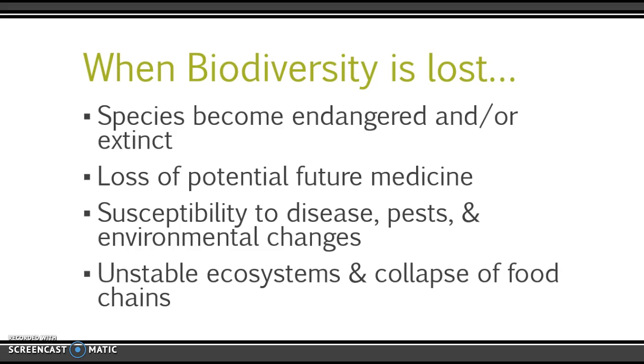We are allowing those species to become susceptible to diseases, other pests, and possibly not being able to survive any drastic environmental changes. And ultimately, all of these things lead to an unstable ecosystem. And if you have an unstable ecosystem, that could lead to collapse of food chains. And when food chains collapse, then you no longer have an ecosystem. It is just destroyed.